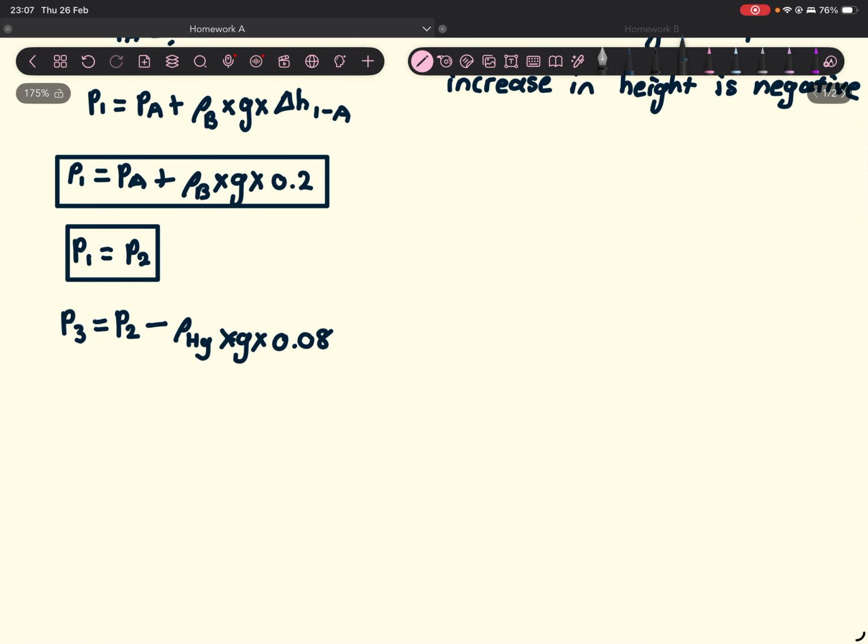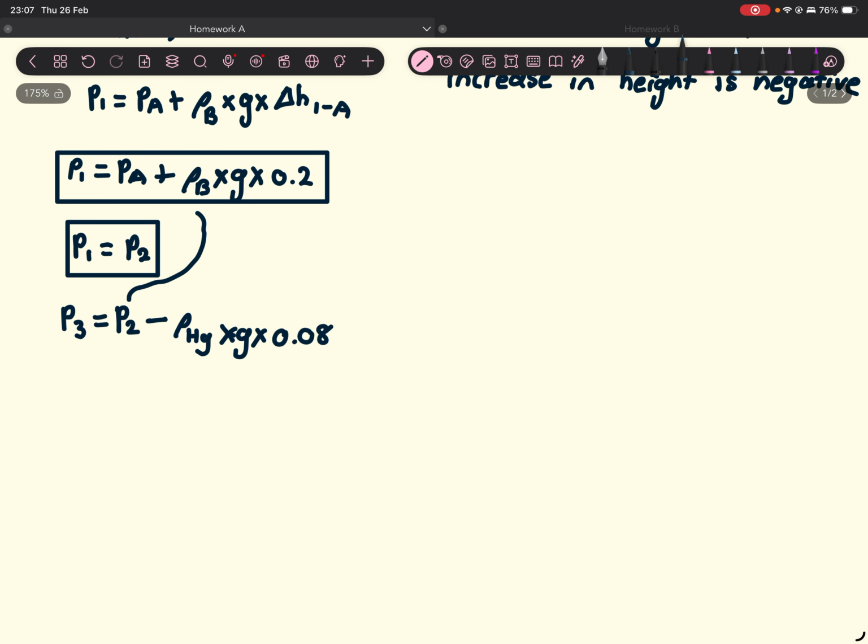And then we can substitute this equation for P2, then the expression for P3 becomes PA plus rho of benzene times g times 0.2, right? So that's the P2 part of the equation.